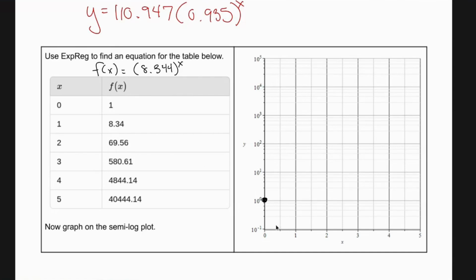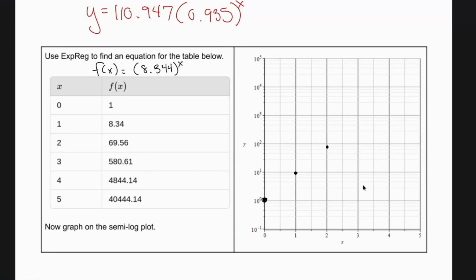So 1 is going to be 8.34, so somewhere around here probably. And then 2 is going to be 69.56. So 2 is going to be 20, 40, 60, so 69 is going to be probably somewhere around there, give or take.